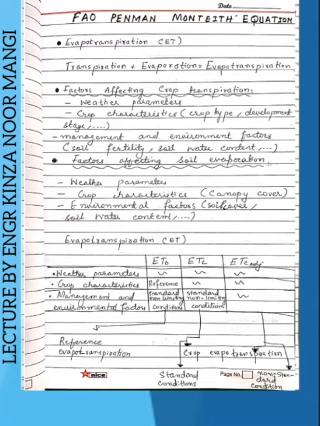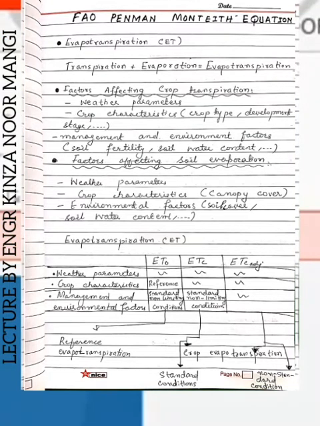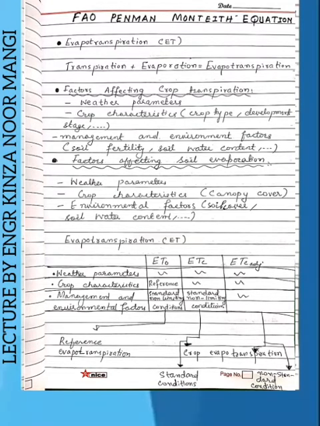Standard non-limiting conditions are that there is no water stress, no fertility stress, no disease, no pesticides. Meaning there is no condition that is going to affect the crop or create any resistance in the evapotranspiration. The only factor that will affect the evapotranspiration would be the weather parameter, and the reference crop will be taken. Usually the reference crop is grass.